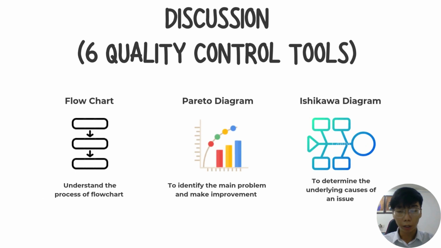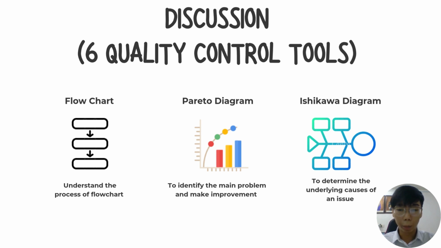Next, we talk about discussion. There are six quality control tools used in the research, which are flowchart, Pareto diagram, interrelationship diagram, tree diagram, Ishikawa diagram, and also the matrix diagram. By using flowchart, we can understand the process flow of how to make a fiberboard.